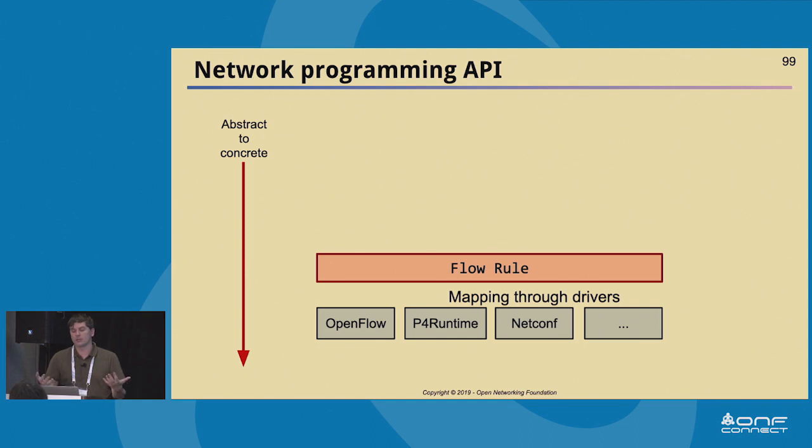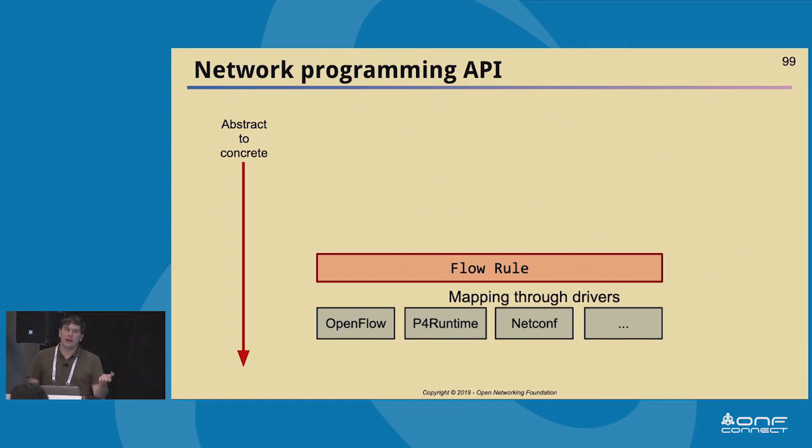These entries are called flow rules in ONOS terminology. A flow rule in ONOS is then mapped to the corresponding protocol-specific construct, if the device uses OpenFlow, P4Runtime, or other protocols. We have cases in which we use NETCONF to configure things like optical cross-connects that are abstracted with flow rules on the northbound.